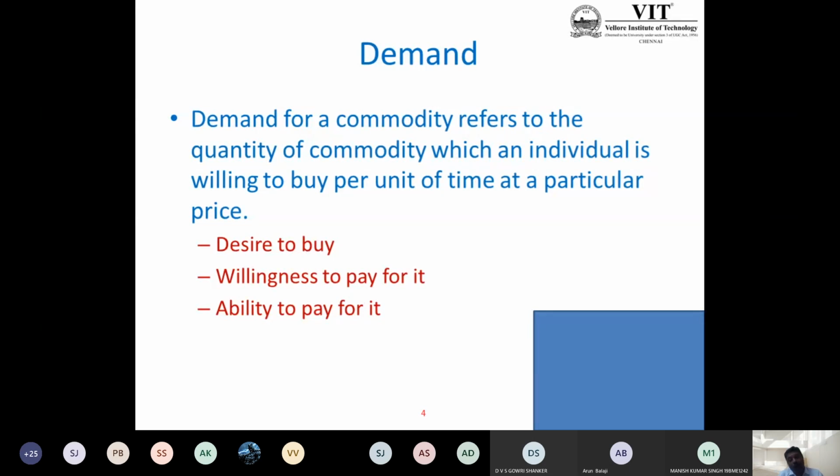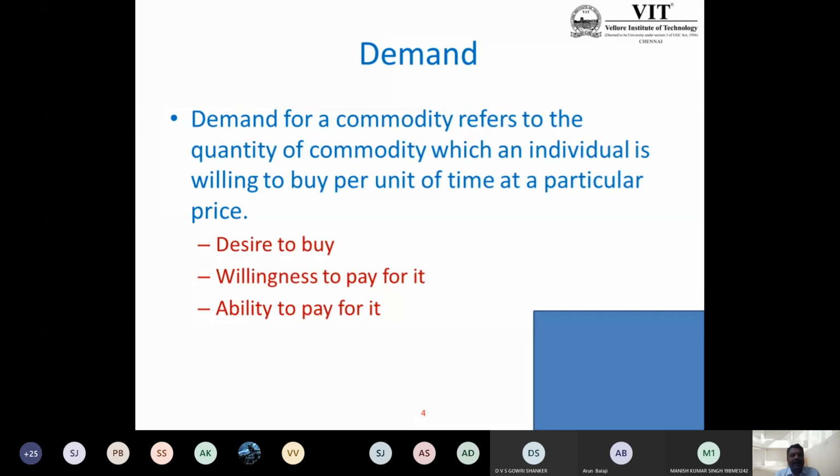So you have a desire to buy that perfume, and I have enough money, 3,000 rupees. I am capable of paying. But if somebody gifts me that perfume, I'll be very happy and use it, but I am not willing to pay for it.